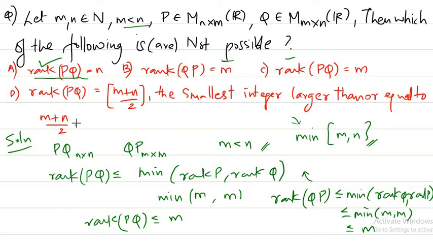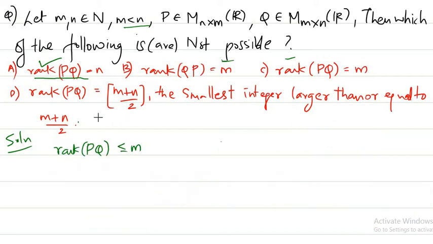Now what about the last option? We have to check whether this last option is correct or not. So let us check that. What I feel is that this option is also not true, so this is also actually a correct option for our question. Why?